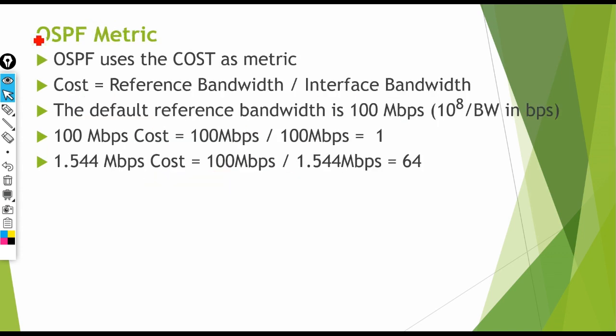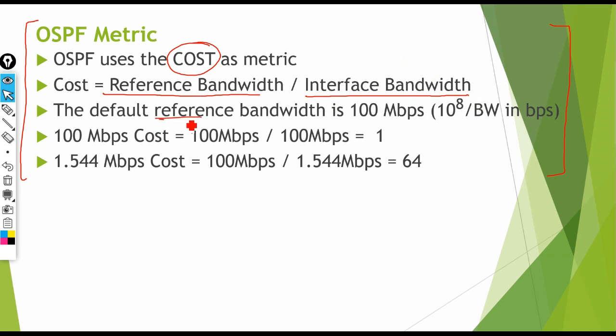We do have the OSPF metric calculation to understand, and this is also a very important point. As we discussed, for OSPF we have the cost as a metric, correct? And cost is nothing but your reference bandwidth divided by interface bandwidth.